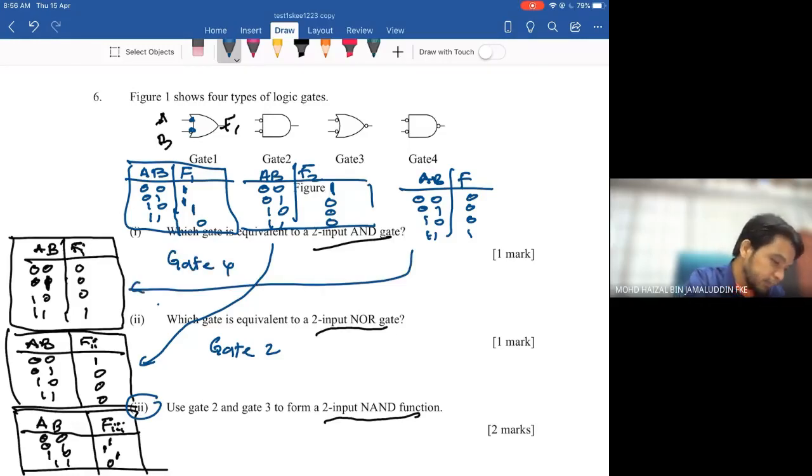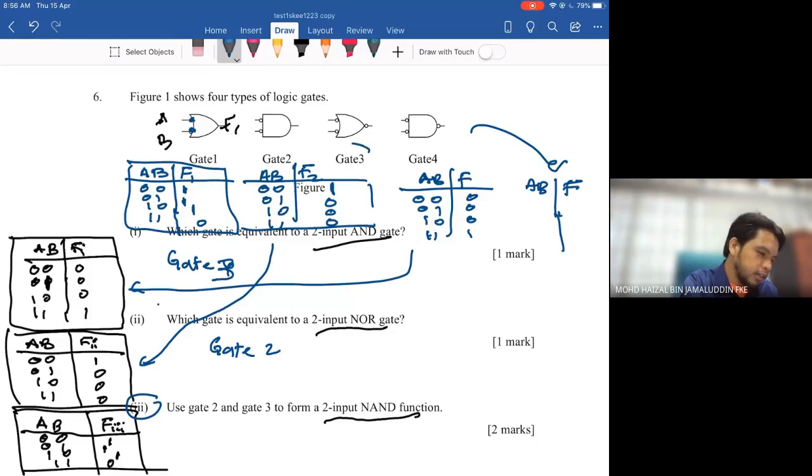And gate 3, and gate 4 is A, B, F. Because gate 3's output is opposite to gate 1, and gate 4's output is opposite to gate 2. So that's why I write very fast. So gate 4 is opposite to gate 2.